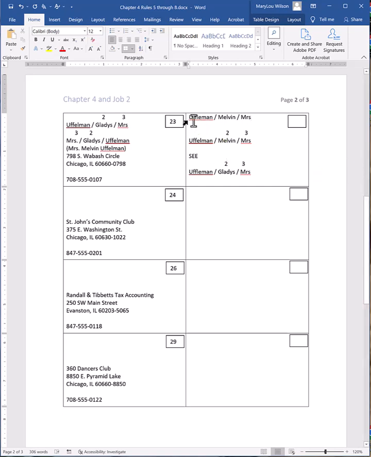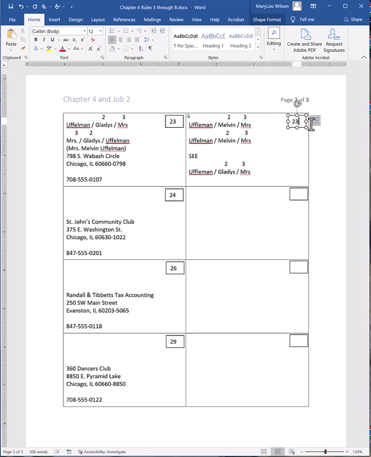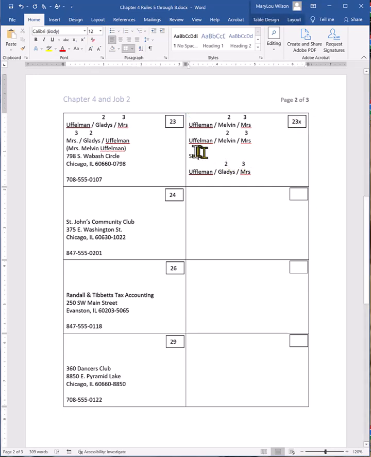And then we can code it, underline Uffelman, Melvin is our second unit, and Mrs. is unit 3. And this number becomes 23X. So this is an alternate name. Gladys Uffelman is also known as Mrs. Melvin Uffelman.